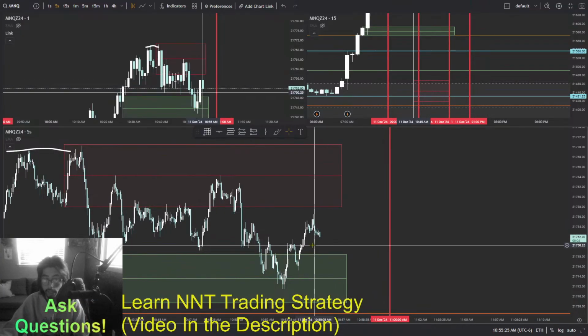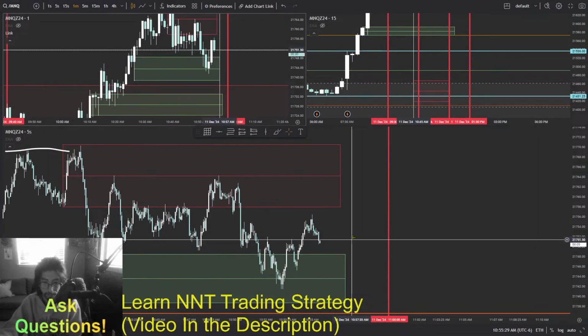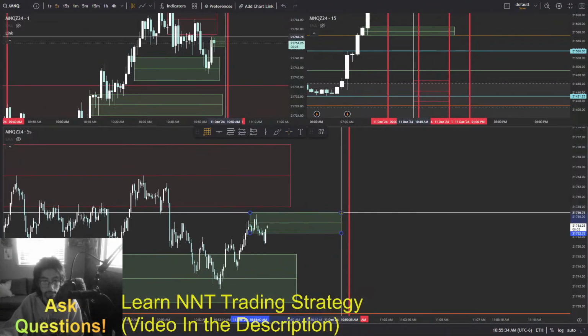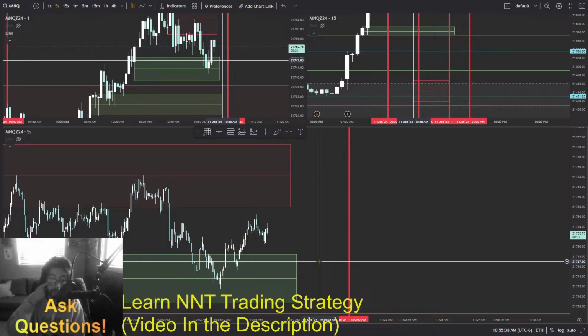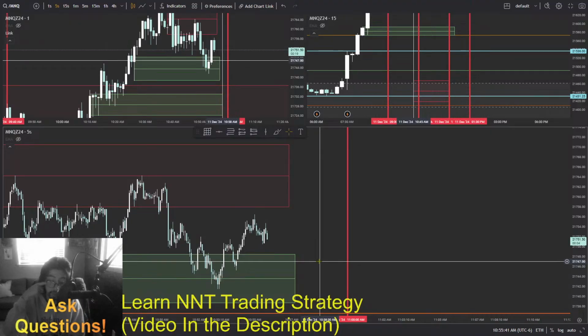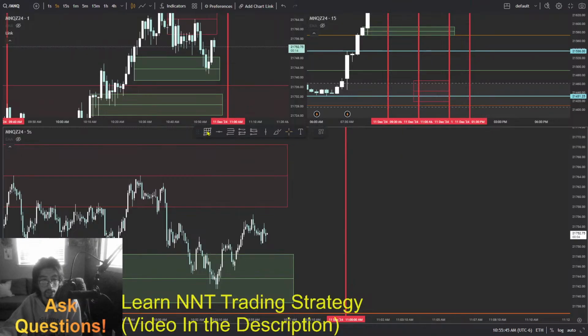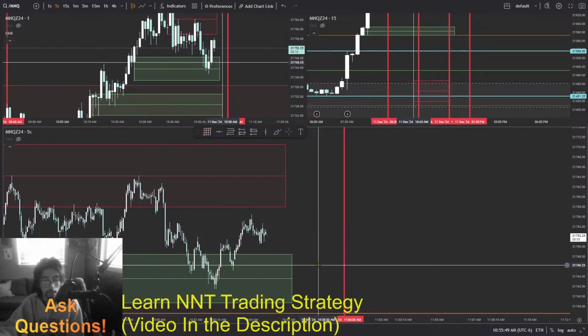I'm taking no trades yet. I haven't seen nothing. What about here? No. It kind of sucks taking those super small zones because you have to use so many contracts and pay all the fees on all those contracts. We gotta pay to play.